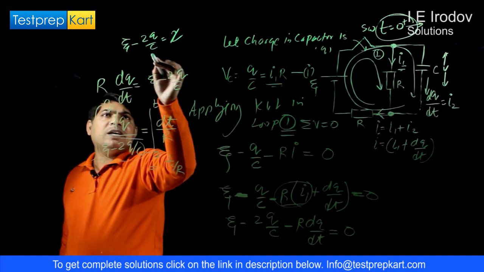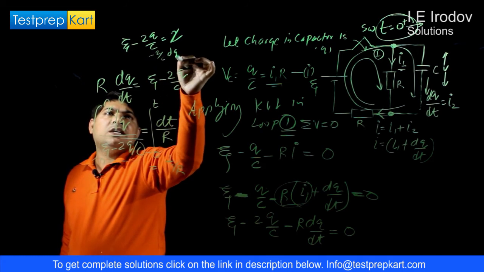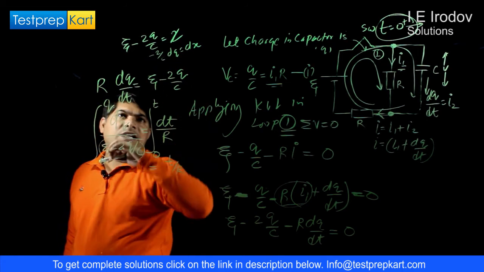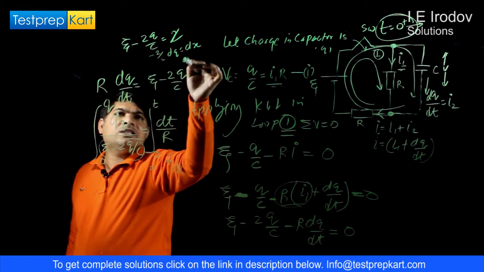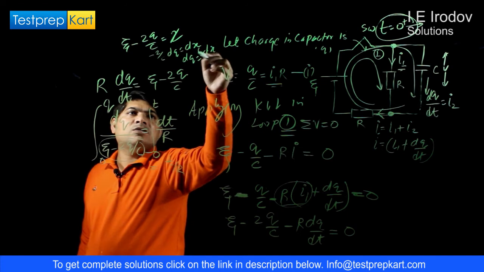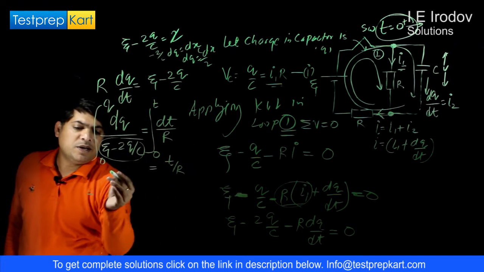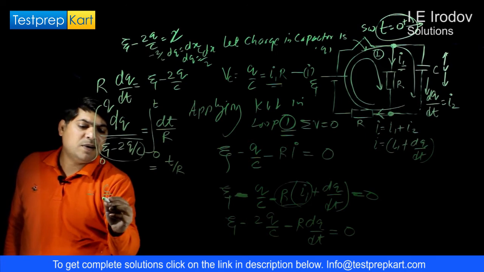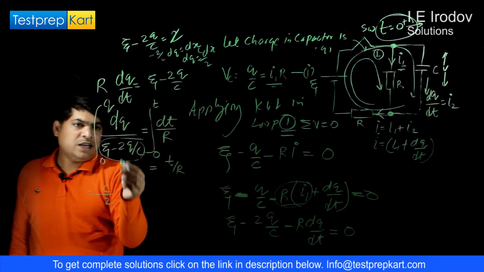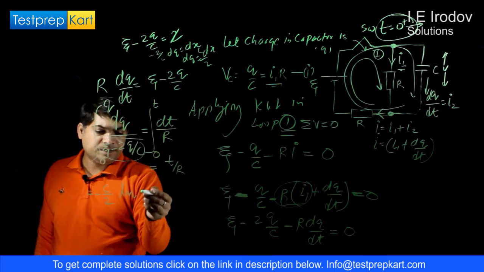Then minus 2 by C dq is equal to dx, so we can replace dq as dx into C by 2 with a negative sign. So we get minus C by 2, and this is dx over x, which gives ln x.